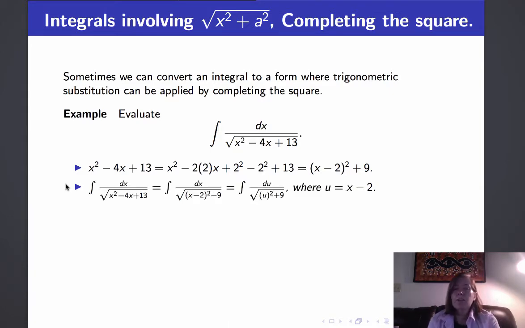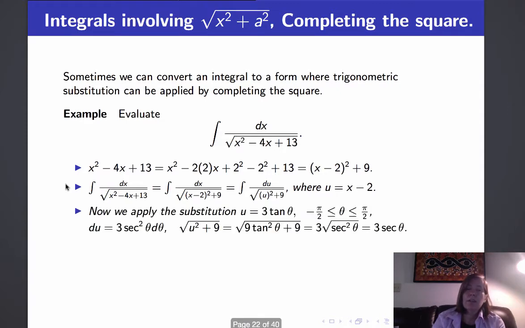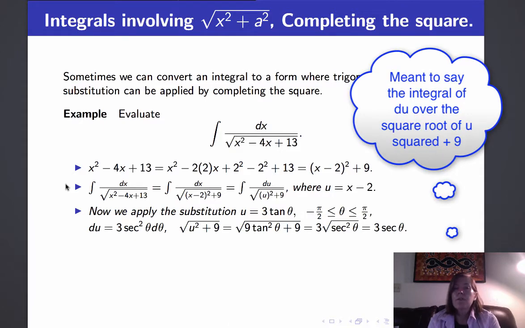Now our integral is the integral of 1 over the square root of x minus 2 squared plus 9, and if we just make the simple substitution or change of variables to u equals x minus 2, then du equals dx, and we're looking at the integral of du over the square root of u squared plus 9.